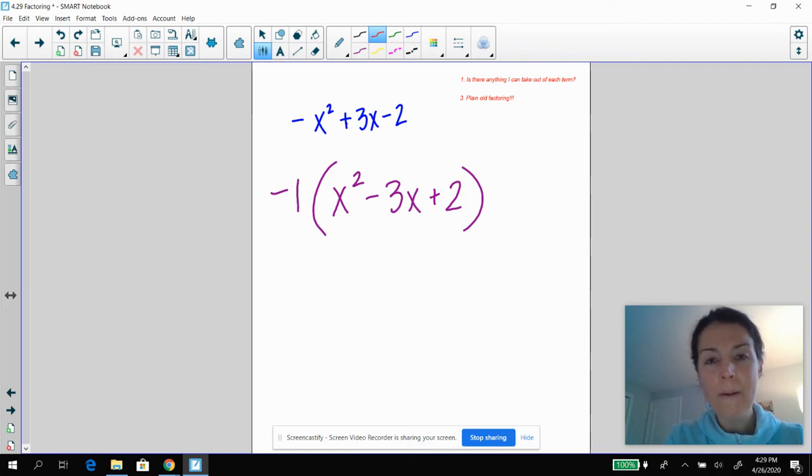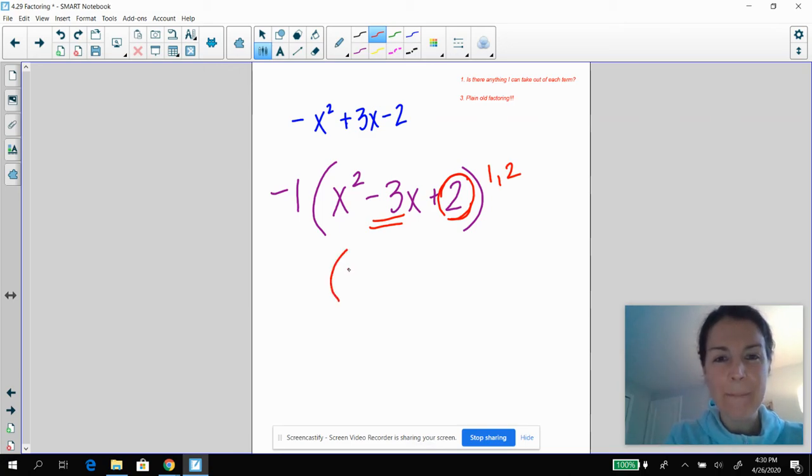So now, all right, let's do plain old factoring. Are there factors of 2 that combine in some way to get me a -3? Well, 1 and 2. How can I get those to get a -3? Oh, I know. X minus 1 times x minus 2.